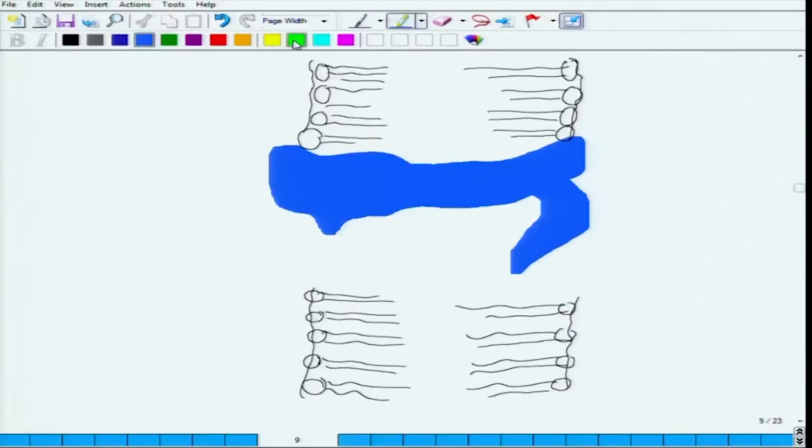Okay, and if I use the other side, that will be something like this.